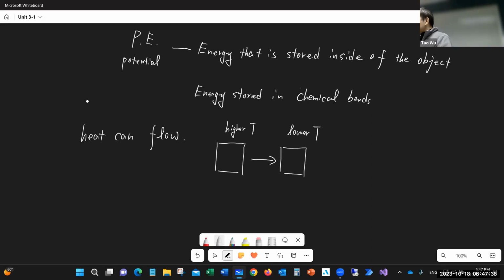If you have a tiny bit of copper that is really hot, then you touch it, you feel hot and you get burned. That's because the heat is transferred from the tiny copper to your body. The heat is transferred from the hot object to the low temperature object. So this is the flow of heat.